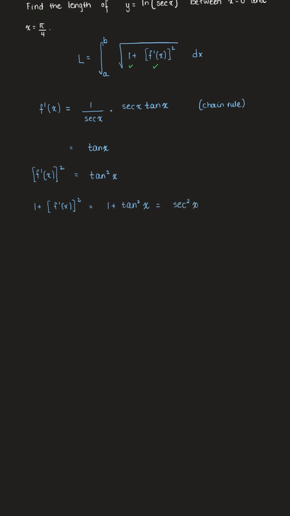The reason this is useful is because if we look ahead, we're trying to find the square root of 1 plus the derivative squared. So if we have a perfect square, then that will be really helpful to us. So now we want the square root of 1 plus f prime of x squared, which will be the square root of secant squared x, and this would be the absolute value of secant x.